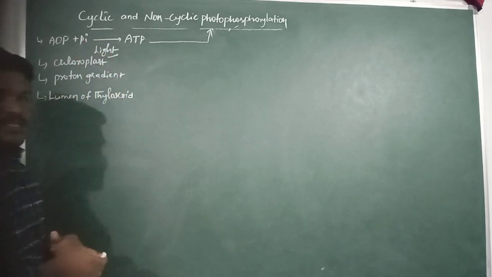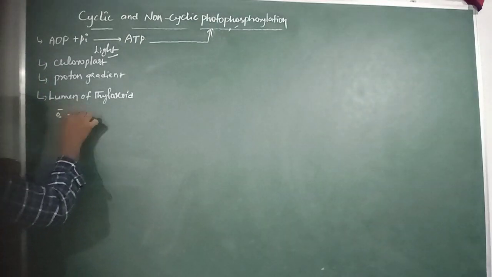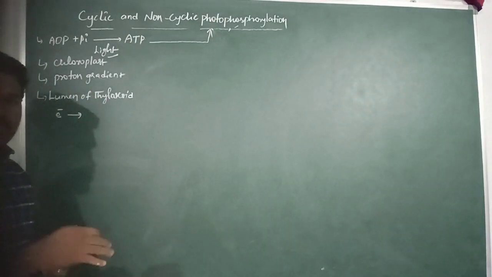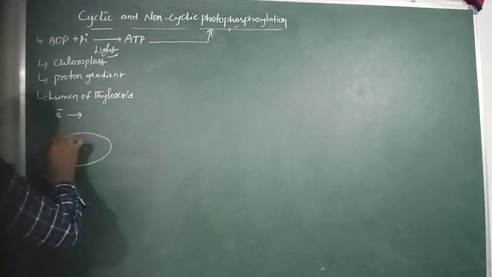It occurs during the transportation of electrons from one carrier to another carrier. The electron carriers are located on the thylakoid membranes.